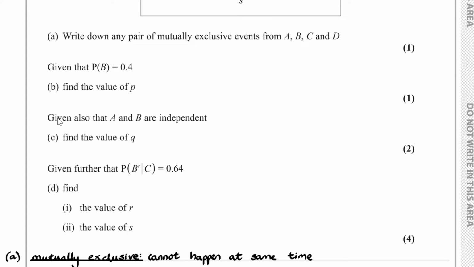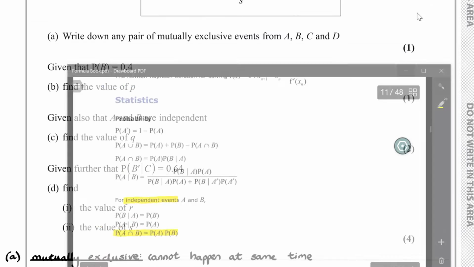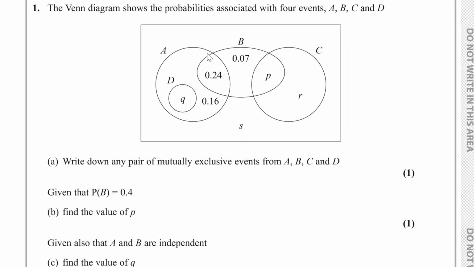For part C of the question, given also that A and B are independent, we have to find the value of Q. Now, if we know events are independent, if we go to the formula book, we have different formula for independent events A and B. And crucially, you can see here that for independent events, the probability of A and B is equal to the probability of A times the probability of B. Now, the reason I want to use this formula here is because if I know the probability of A, I can use that to find out what Q is.